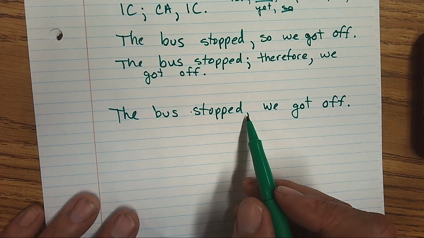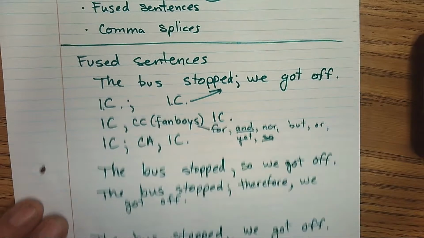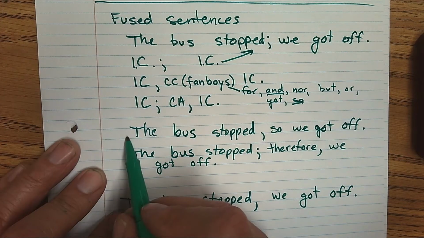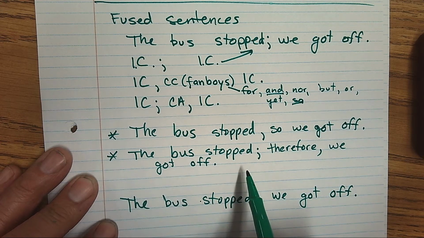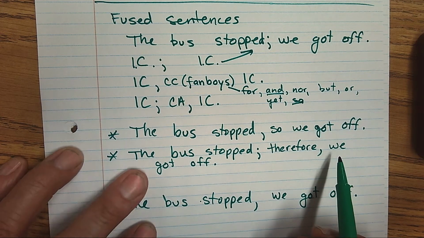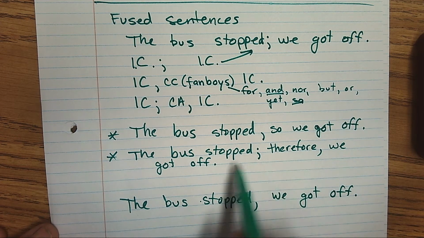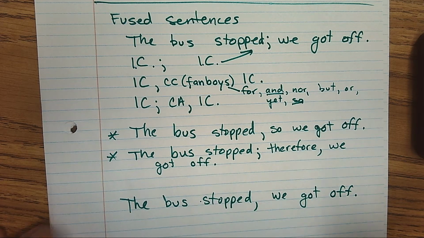Instead of using a comma, you can use a semicolon, or you can use a comma and a FANBOYS conjunction, like this one, or you can use a semicolon and a conjunctive adverb before that last independent clause. So there's an independent clause here, so semicolon, conjunctive adverb, comma to join these two independent clauses.